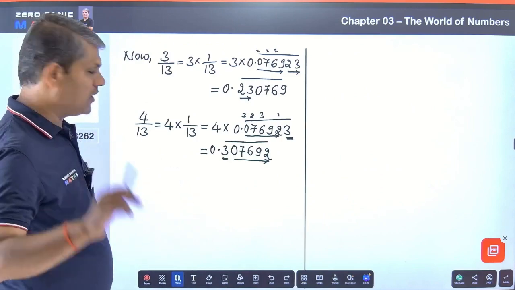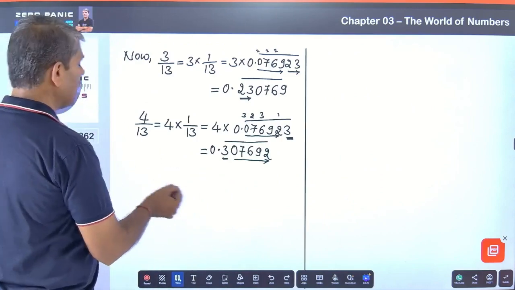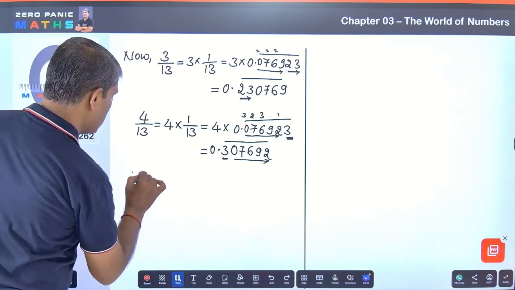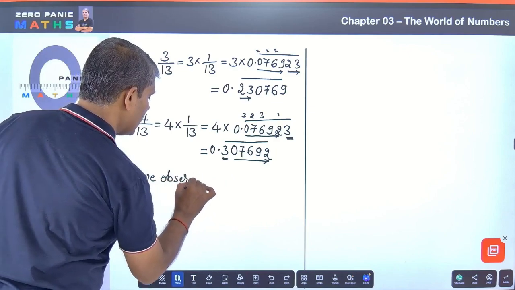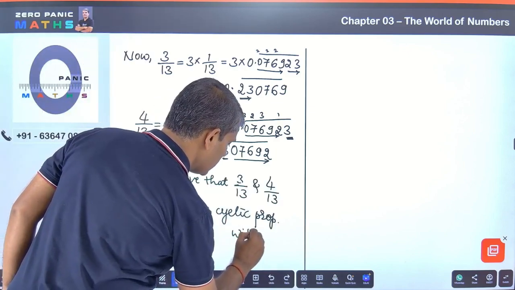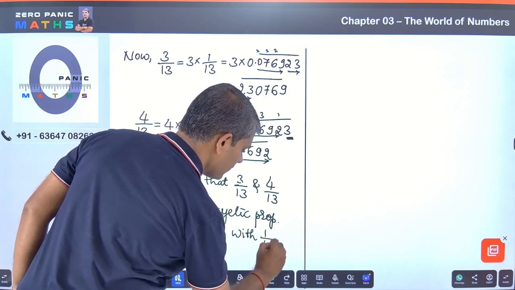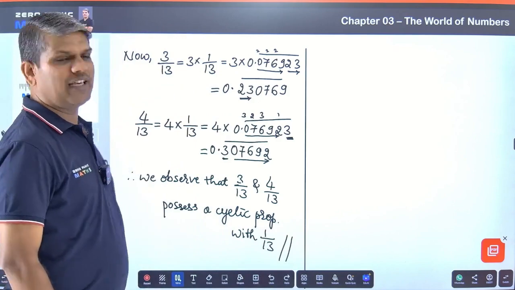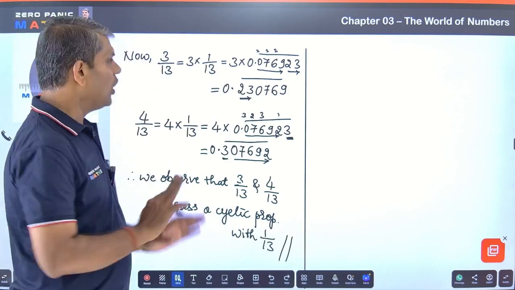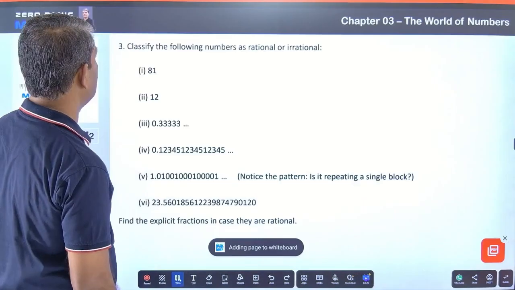Hope you understood this. So finally you can write that we observe, or we notice, this with 1 by 13. This is the answer to the second question. So all the three parts of the second question we resolved.